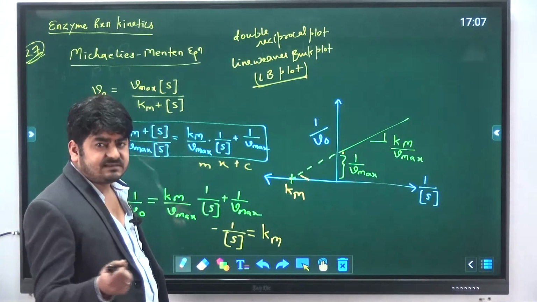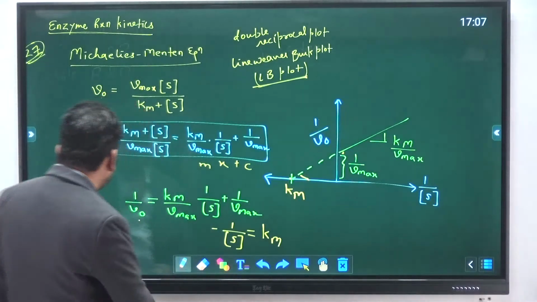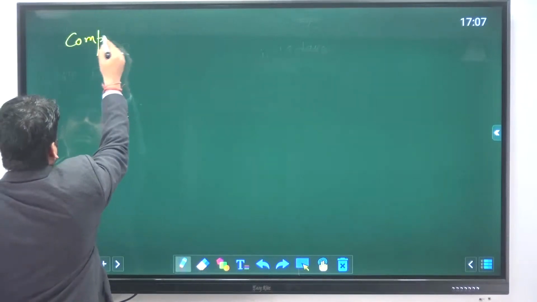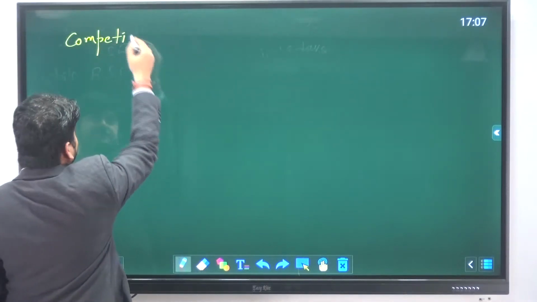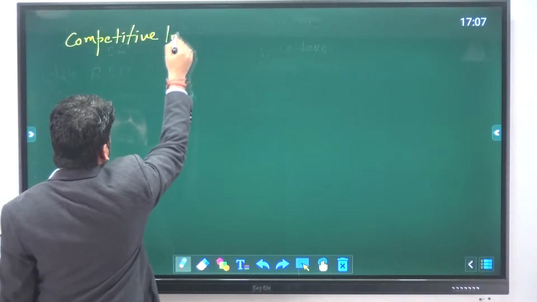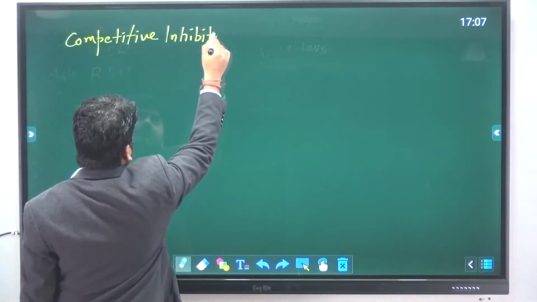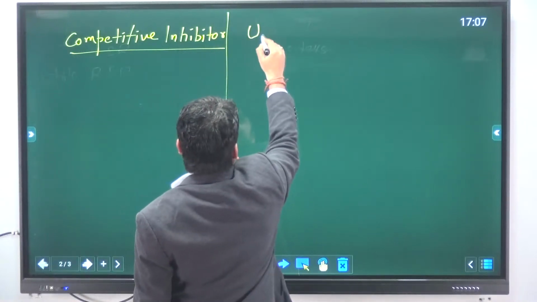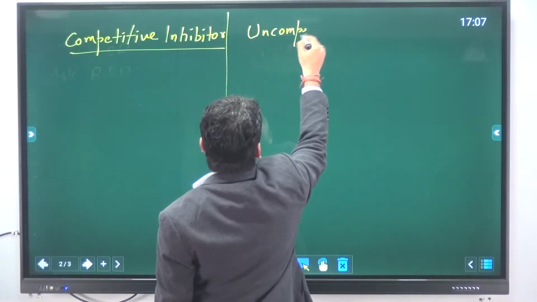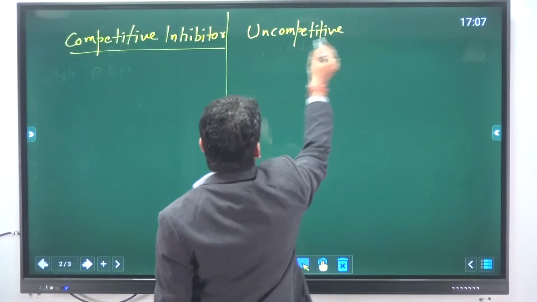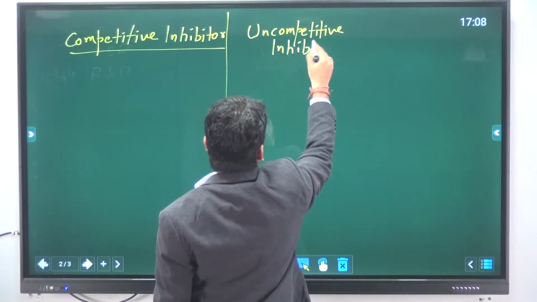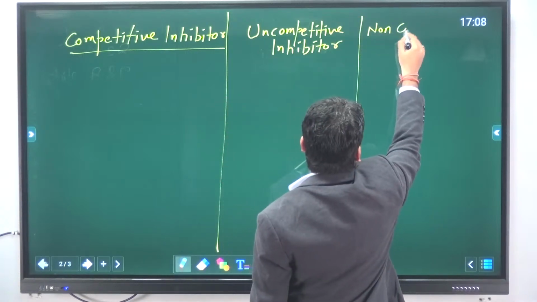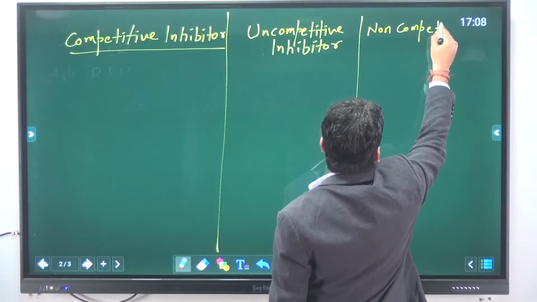There are actually three cases. When we introduce the inhibitor in the reaction system, there are three possible cases. Either the inhibitor will compete with the substrate, and that is called the competitive inhibitor, or it will be an uncompetitive inhibitor, it will not compete, or otherwise it will be a non-competitive inhibitor, meaning the mixed one.